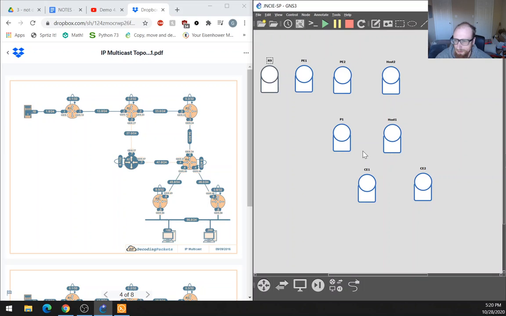Perfect. So, yep, that looks good to me. Okay, and then we got, yep, so we'll need to wire everything up.